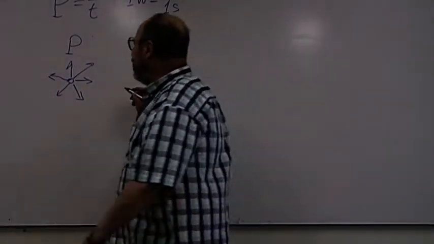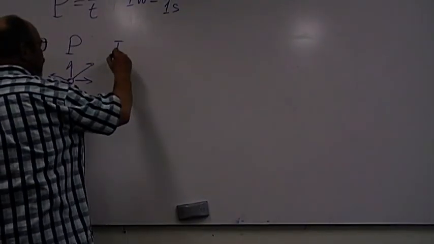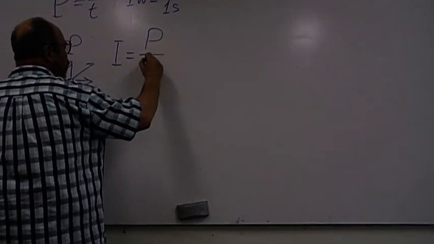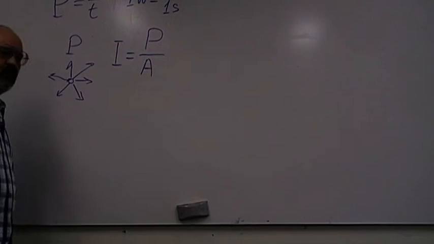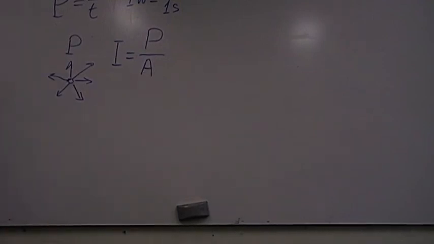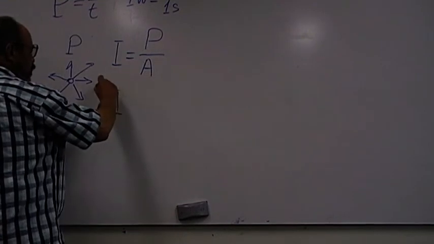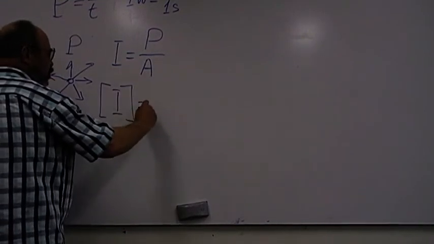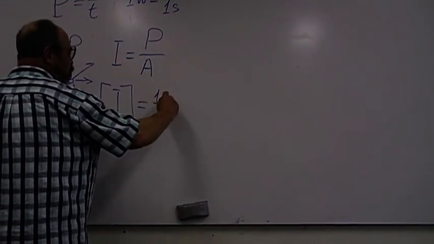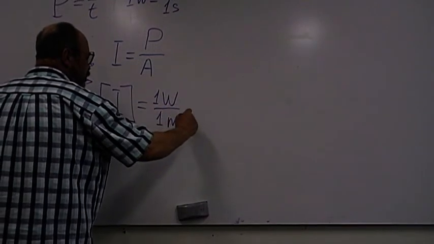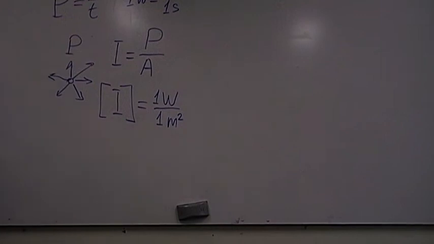And sound intensity, in letter I, equal power divided by area over which sound is distributed. So unit of the measurement for intensity will be 1 watt per 1 meter squared. There's no special name, just 1 watt per meter squared.